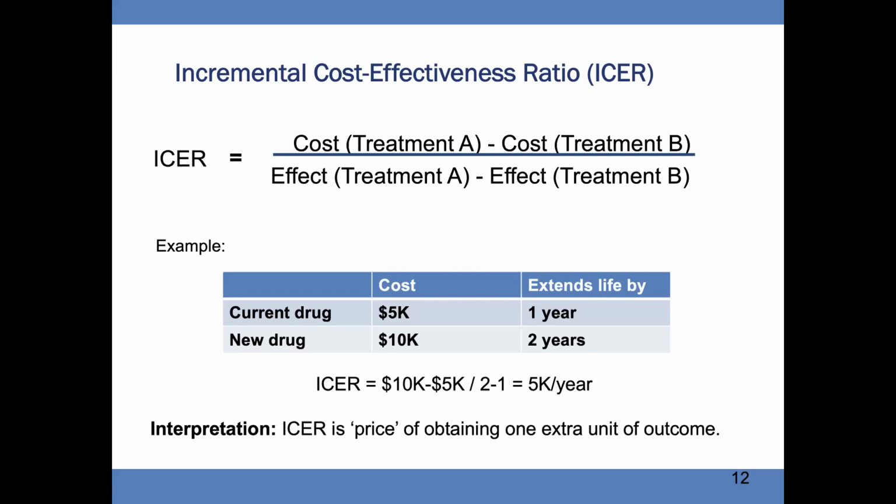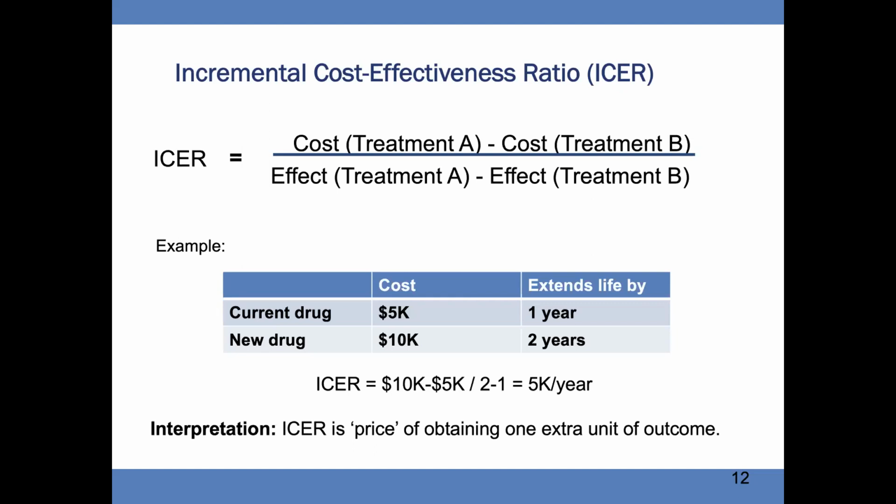So how do you interpret the ICER? You can think of ICER as an extra cost or extra price that you have to pay to get one extra unit of outcome. In this case, the new drug costs more, but also offers you more.